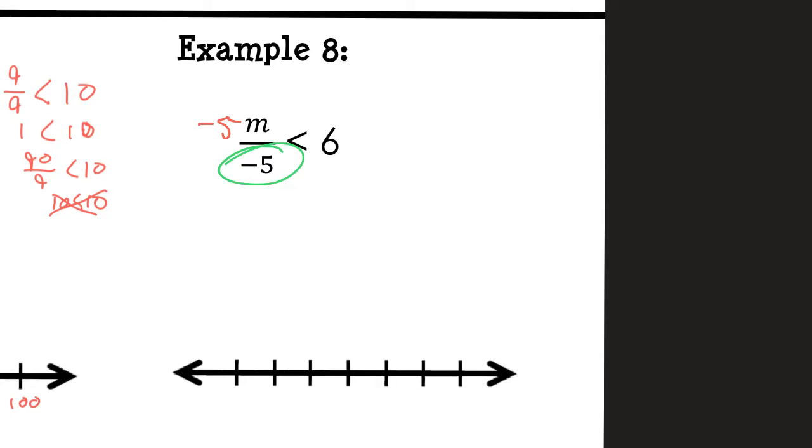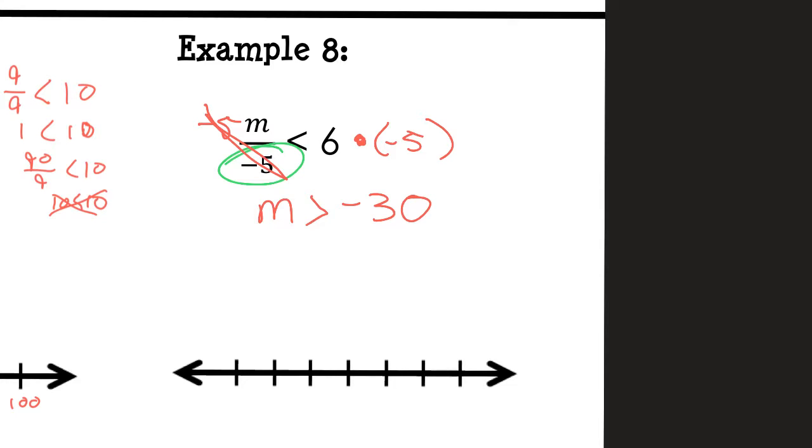So I put -5 on that side, and I multiply by -5 over here. These cancel each other out, this becomes m. Because I'm multiplying by -5, I have to flip that sign. So 6 times -5 is 30, well, it's actually -30, and m is greater than -30.